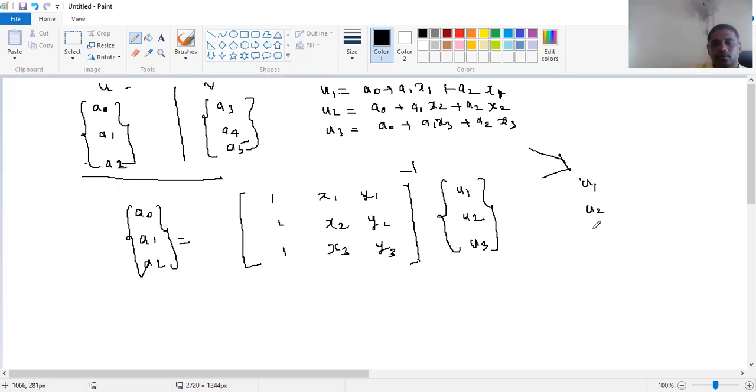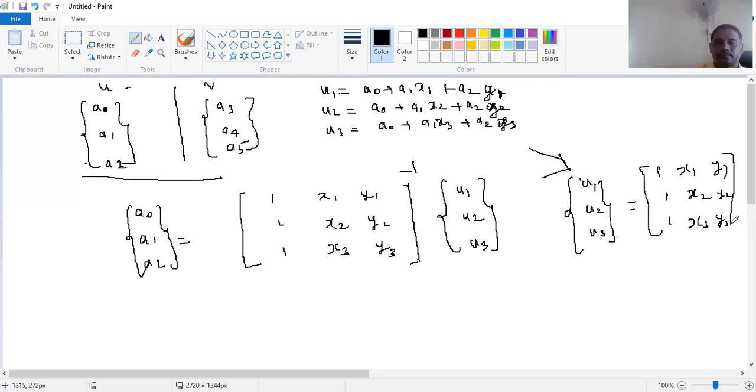You get u1, u2, and u3 becomes 1, x1, y1, 1, x2, y2, 1, x3, and y3, multiplied by a0, a1, and a2. So this is the matrix form of this simultaneous equation.